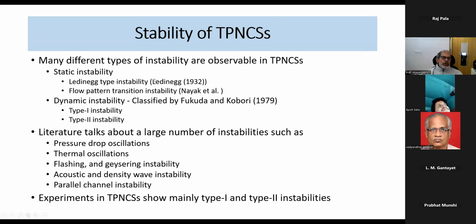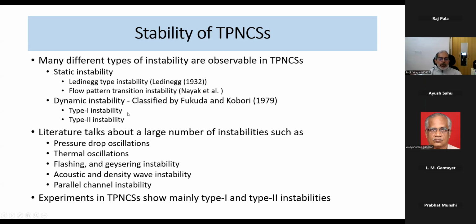You will find in two-phase systems, many types of instability people have observed. Static instability, dynamic instability, Ledinegg type, flow pattern transition type, and many. But then, I found that Fukuda and Kobori came up with only two instabilities, what they call type 1 instability and type 2 instability.